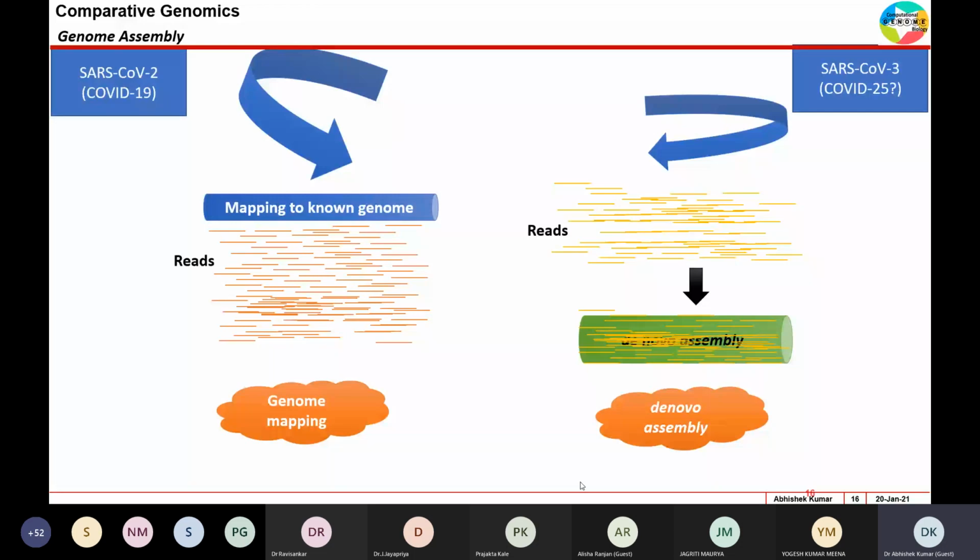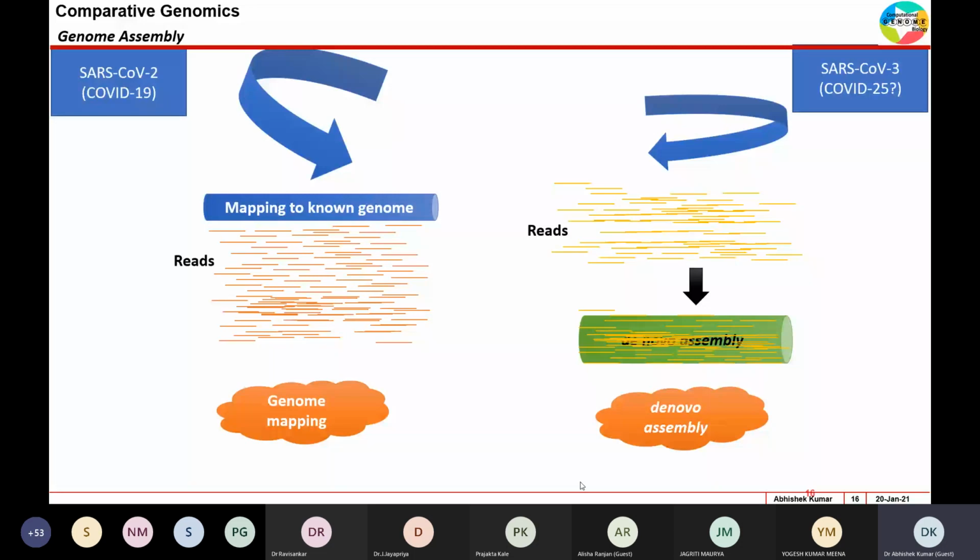So you make an initial draft genome assembly, because there is scope for improvement. Even after 20 years of human genomics, the human genome will still be improved in the next 20 years. But on the draft, one can start working and look for a better one from time to time. So these are the 2 types of genome assemblies.